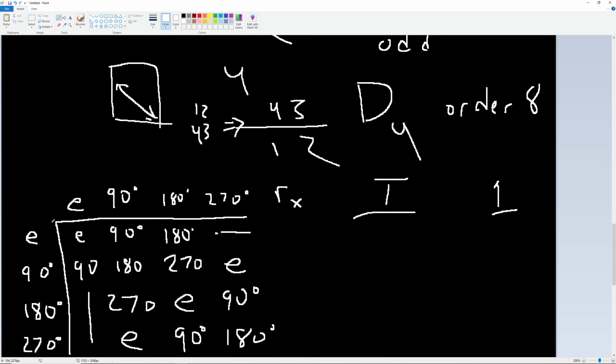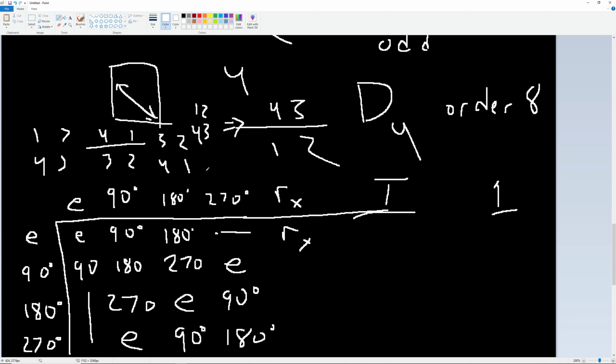So doing nothing is the identity, and then this will be Rx. If we did 90 degrees first, 1, 2, 3, 4 becomes 4, 1, 2, 3. Then we reflect about the x-axis and get 3, 2, 4, 1.